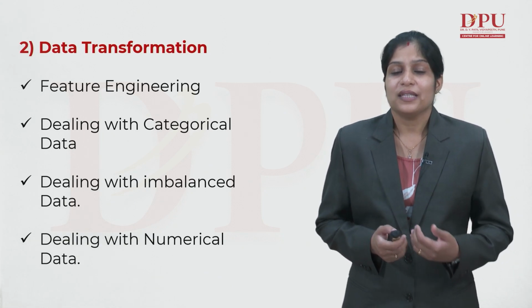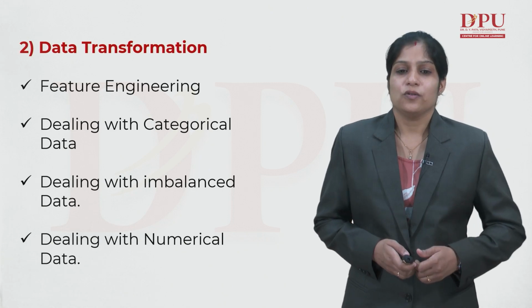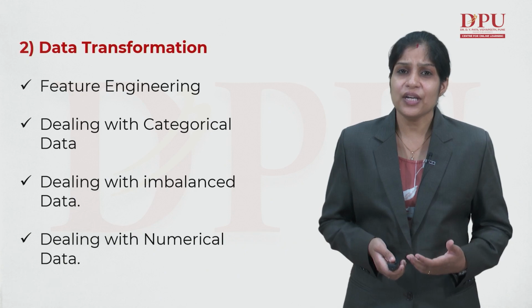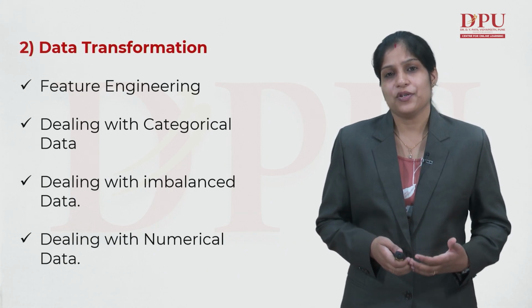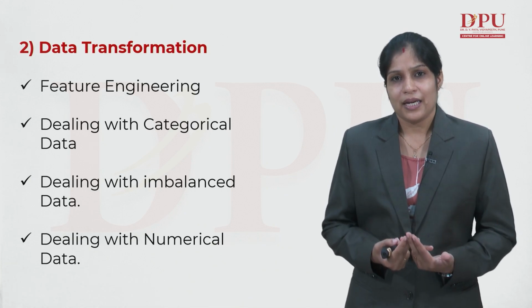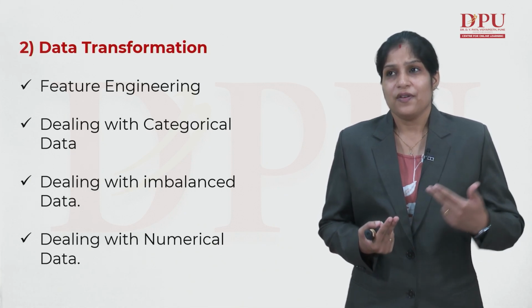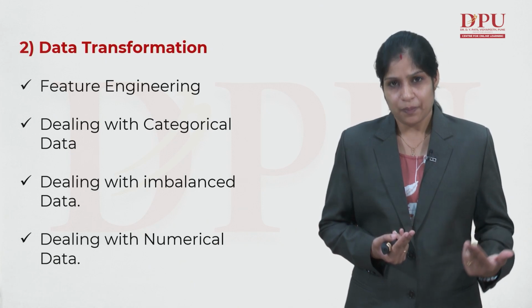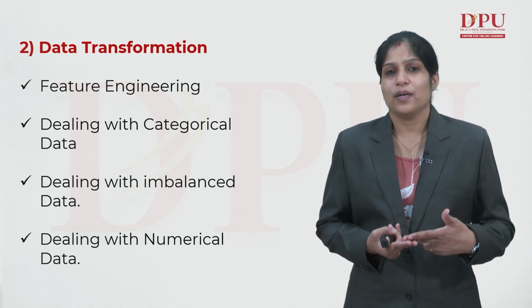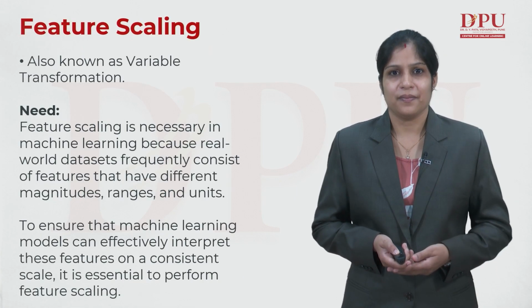Then we have to deal with imbalanced data, and also we have to deal with numerical data. Why are we doing data transformation? Because we have to build the model. Keeping this in mind, we are implementing the techniques for data pre-processing, and based on this, we are cleansing our data as well as transforming our data.